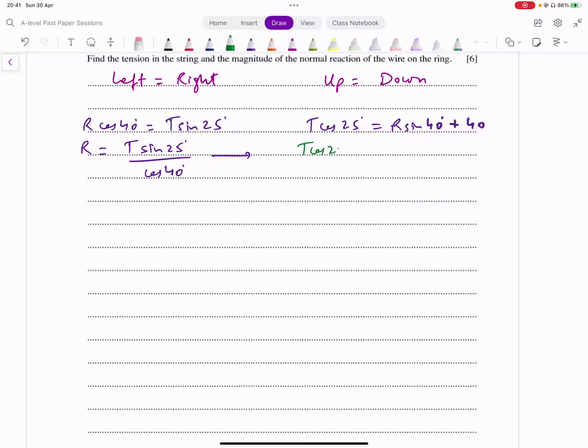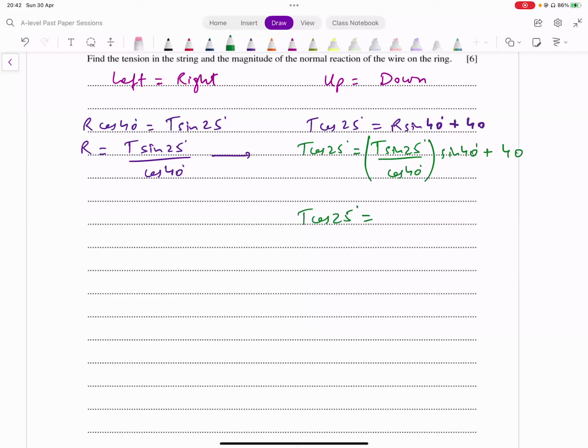So we have t cos 25 equals r, which is t sin 25 divided by cos 40 whole multiplied by sin 40 plus 40. अब इसको evaluate कर लें और अब देखें right side पे क्या आता है. So we have t cos 25 equal to something here.